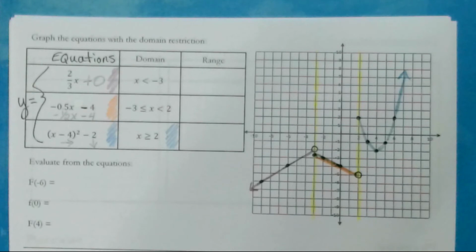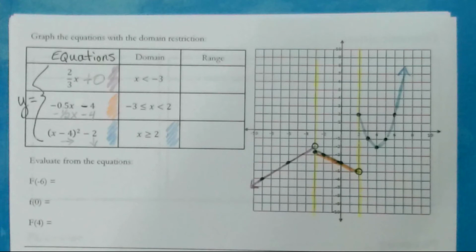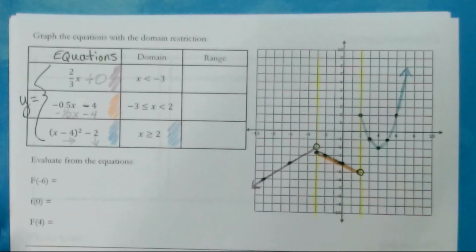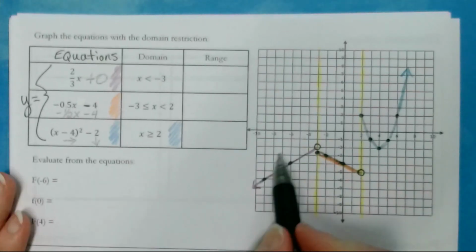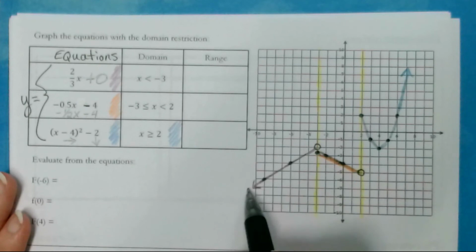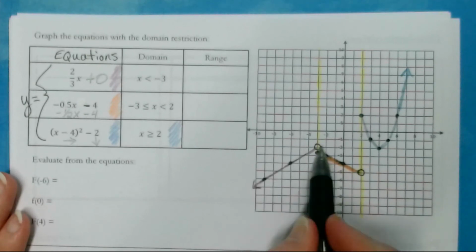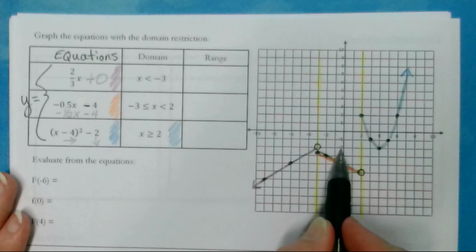Great job, guys. Oh, wait, we need to do our range. Okay, remember range goes from bottom to top. So just this piece, what's my range? We got from negative infinity up to, what's the y value? -2.